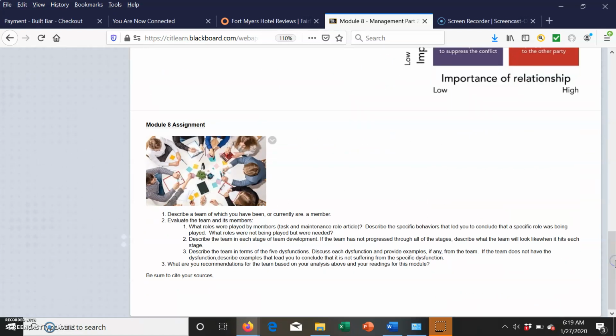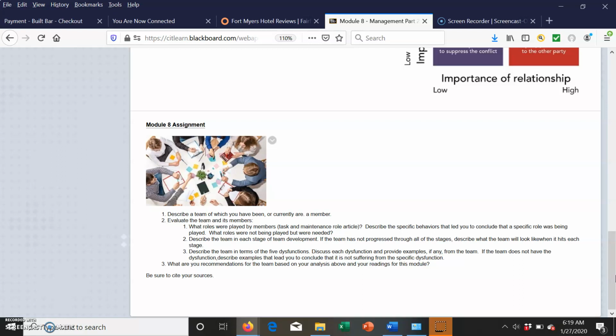Your individual assignment is to analyze a team of which you have been or currently are a member. It could be a work team, a volunteer team, a sports team or organization, or even your family. You've been on a lot of teams. First, evaluate the team and its members.